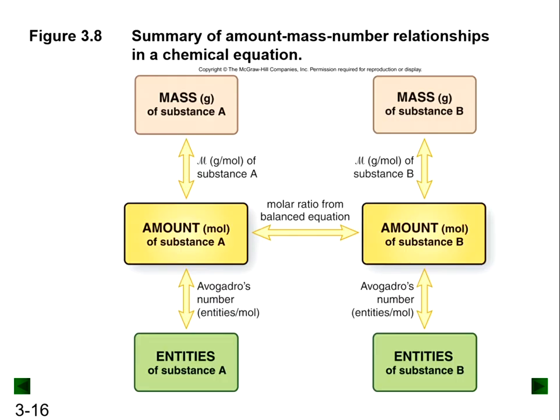The three boxes on the right-hand side relate to the products: the mass, amount, and entities of products. And the relationship of reactants to products comes through the yellow boxes, that is, the amounts of substance. Those amounts are in moles. That tells us that we need to use the balanced chemical reaction to carry out this relationship.